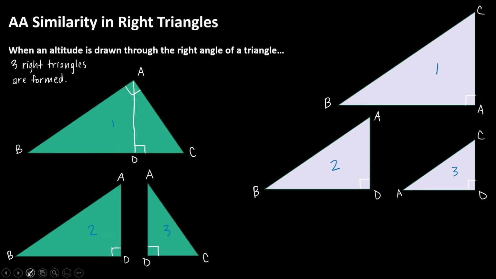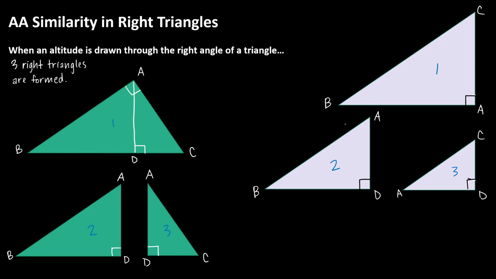Okay, so I'm seeing a few similarities here. I know that angle A in triangle 1 is a right angle, and I know that angle D in both of the smaller triangles is a right angle. So already all of these triangles have one pair of corresponding congruent angles.